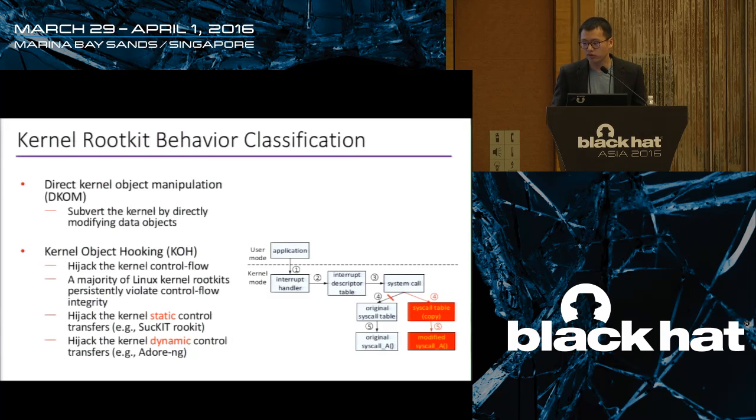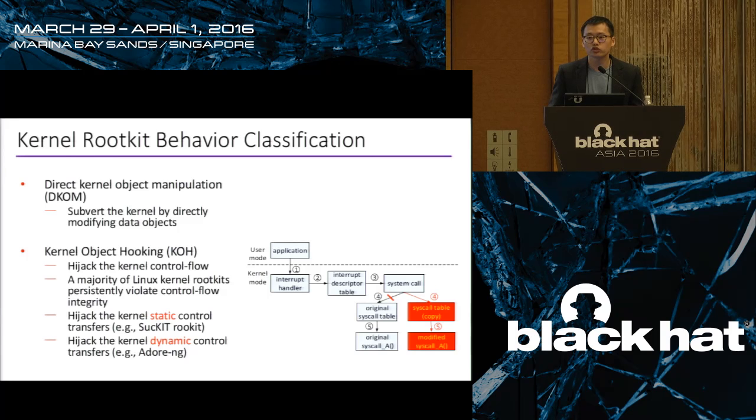This kind of rootkit behavior has its limitation because it's only changing the data objects in memory. And since it's only changing specific data objects, you can detect it relatively easily by checking those data objects in memory. Another type of rootkit behavior is kernel object hooking.